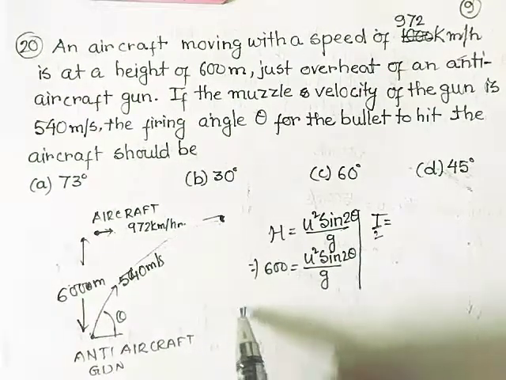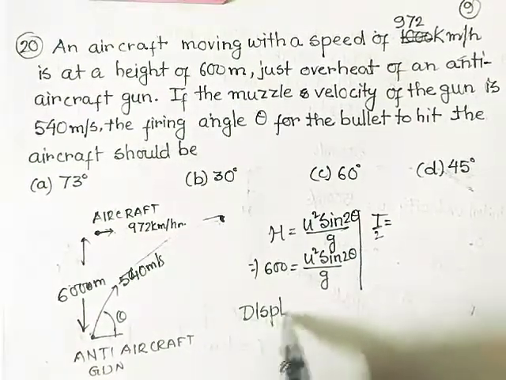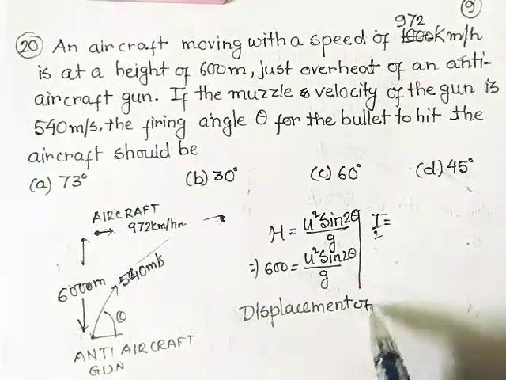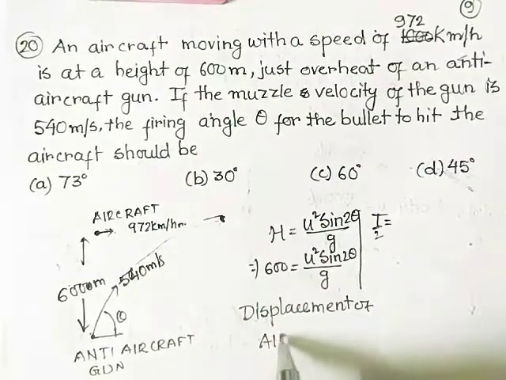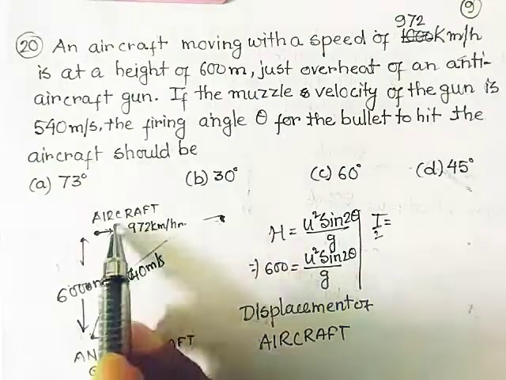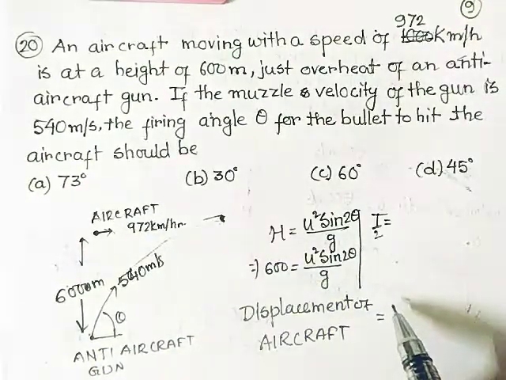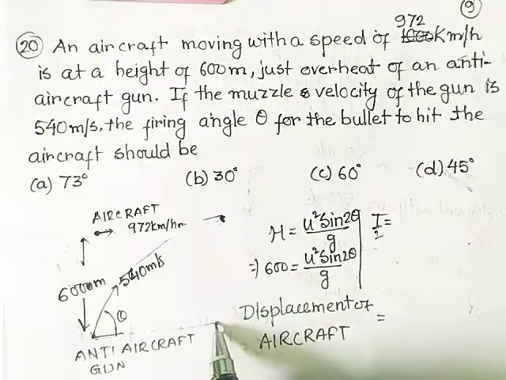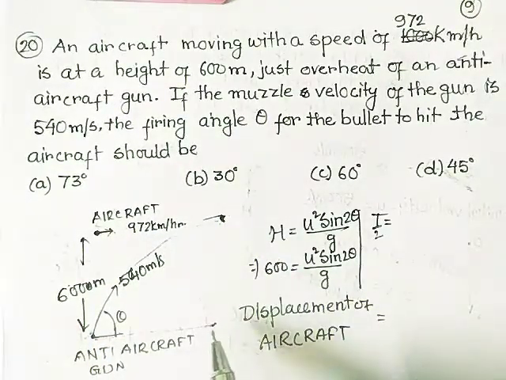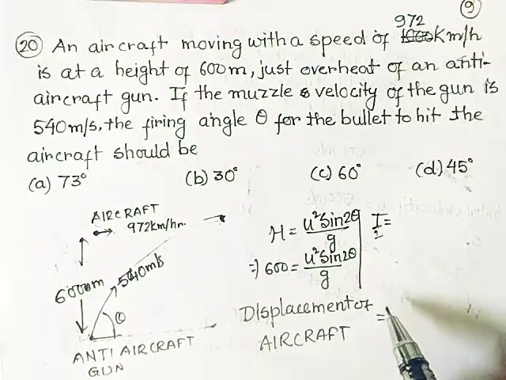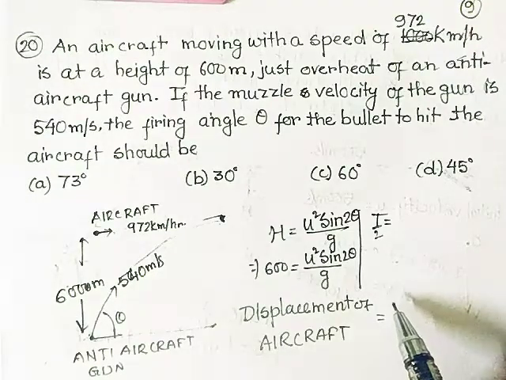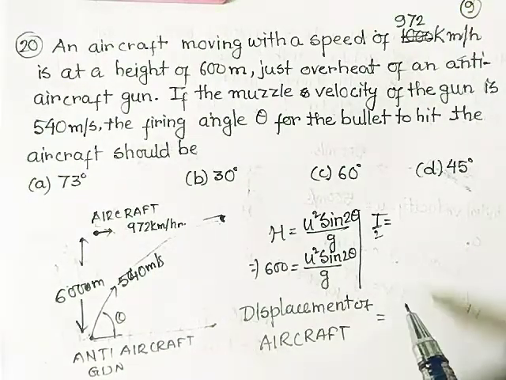So we can say the displacement of the aircraft along this line should be equal to the horizontal distance covered by the firing ball, or cannonball, that is ejected from the anti-aircraft gun.